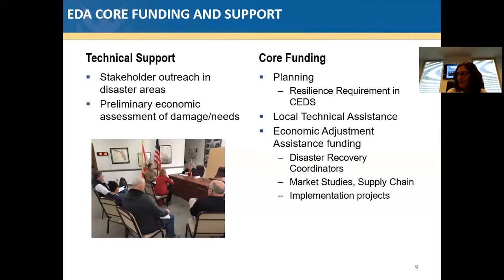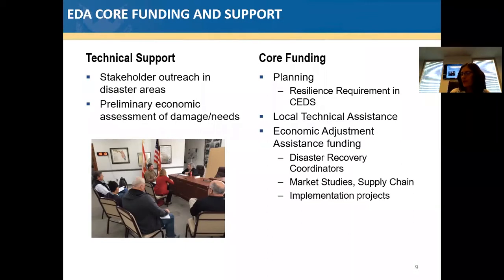And EDA's planning program, the Comprehensive Economic Development Strategy, or the CEDS, has content guidelines that emphasize the requirement that resilience to natural and man-made disasters be incorporated into the development or update of CEDS documents.